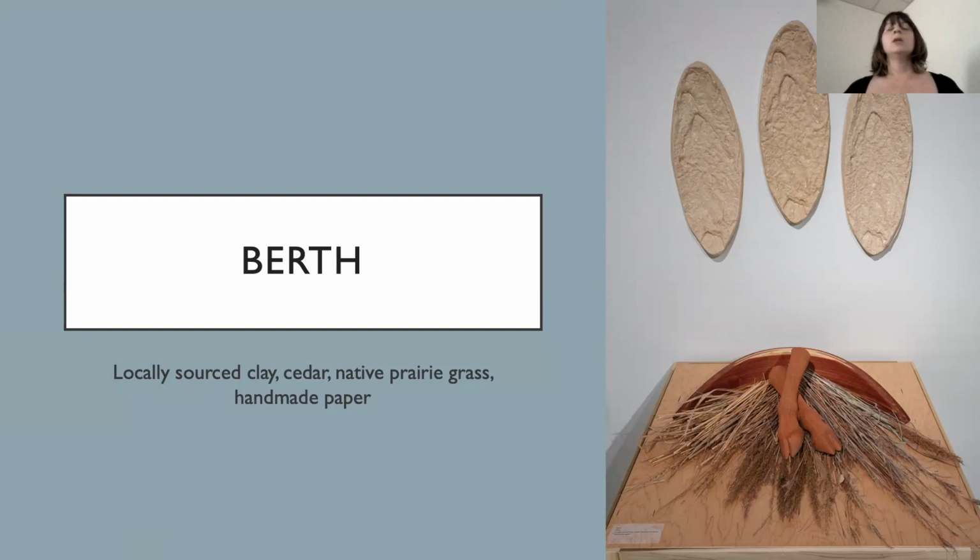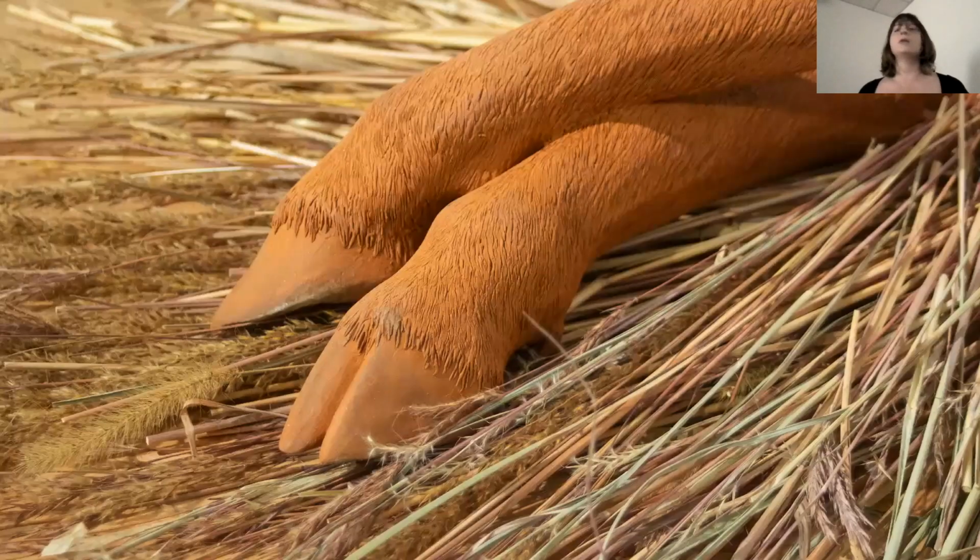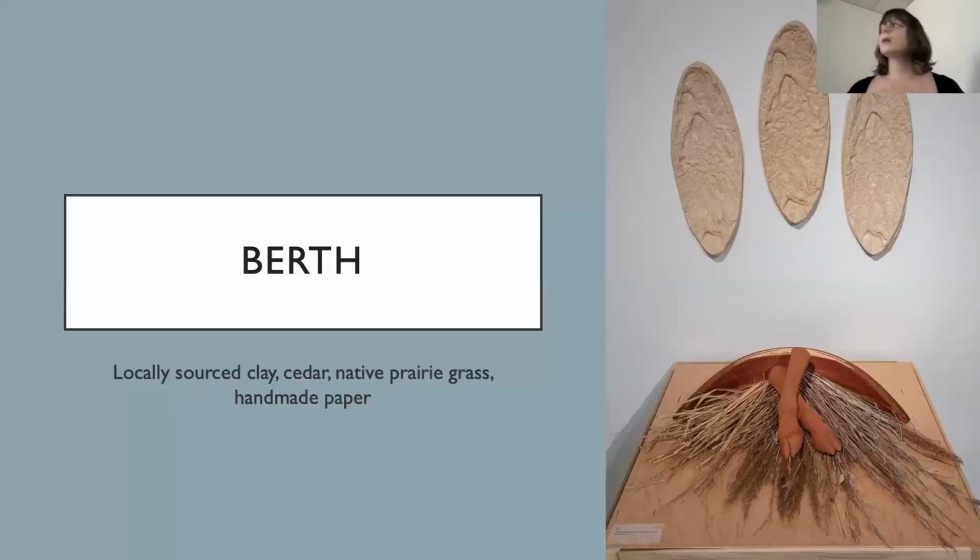And so this piece is really thinking about how we make space for the other creatures who are sharing the landscape with us. And this piece to me is really tender. I've sculpted the deer hooves and then placed them on a bed of prairie grass. And the wood in this case is actually cedar, which is a favorite of the deer.